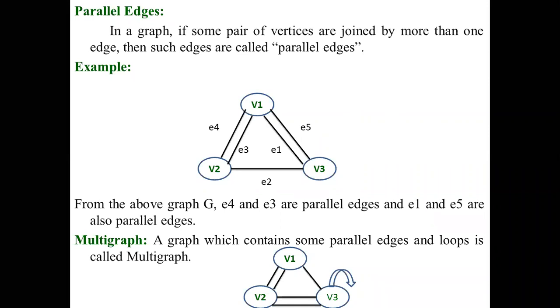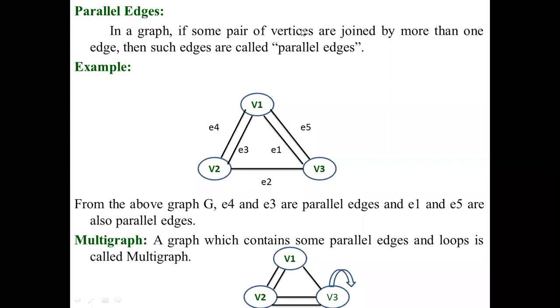The pair of vertices V1, V2 has more than one edge, that is E3 and E4. So E3 and E4 are parallel edges, and E1 and E5 are parallel edges.